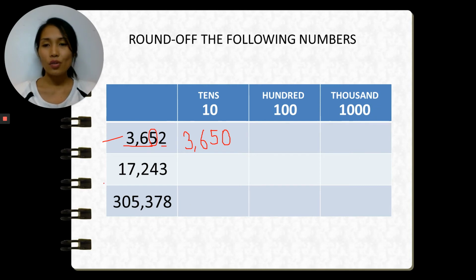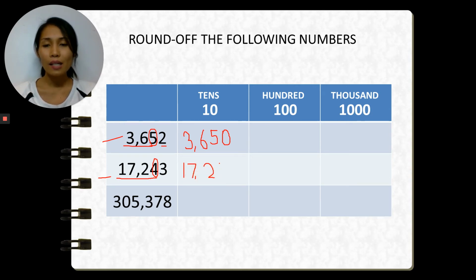Now let's try another one, the second one. 17,243. The tens place is number 4. See, this is the tens place. So that means all the digits from 10,000 place, you copy that. 1, 7, comma, 2.